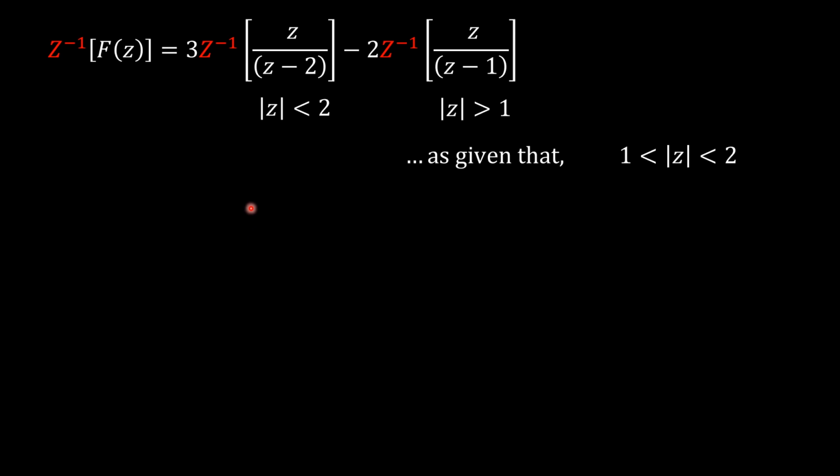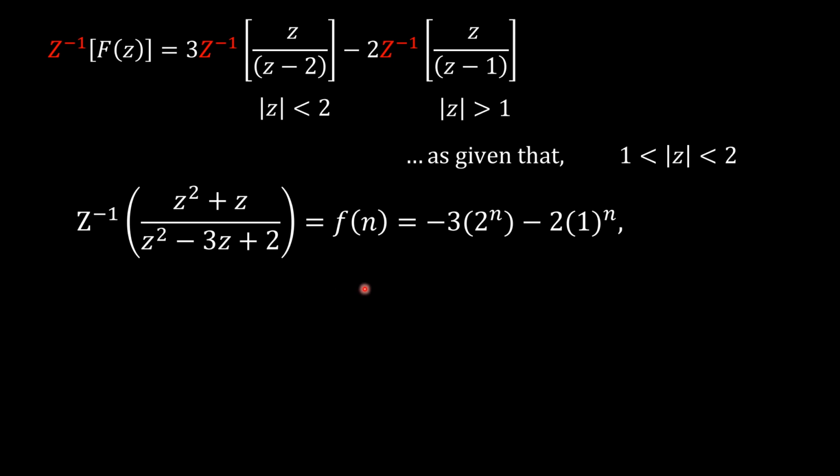Using the table of inverse Z transform, we will be getting the inverse Z transform for z upon z minus 2, where the region of convergence is mod z strictly less than 2, as minus 2 raised to n, and for z upon z minus 1 with region of convergence mod z strictly greater than 1, the inverse Z transform is 1 raised to n. Hence, the inverse Z transform of the given function is this 3 as it is, minus 2 raised to n, minus 2 as it is, 1 raised to n.